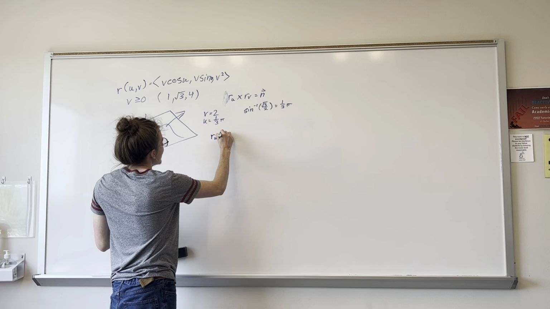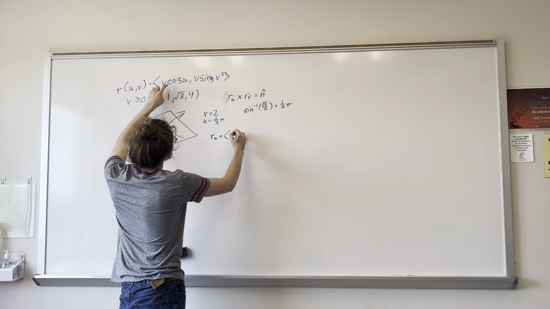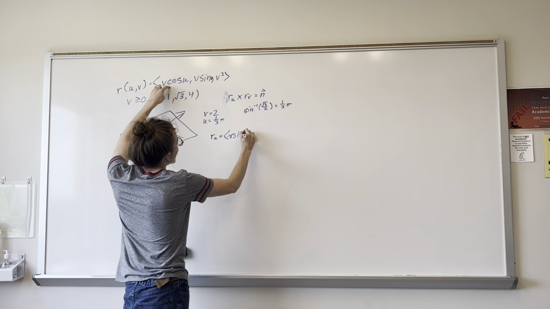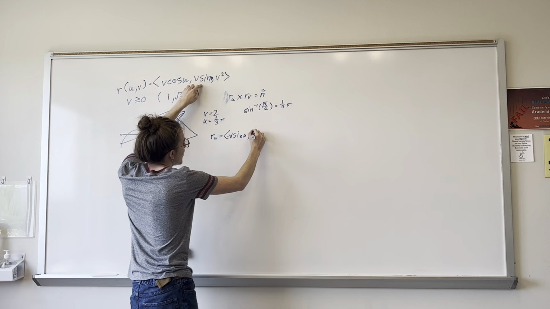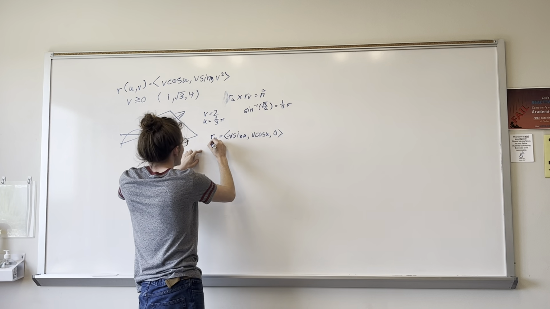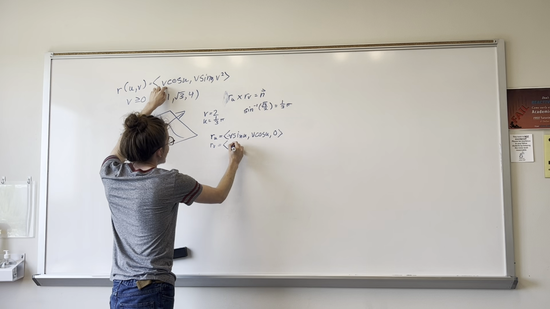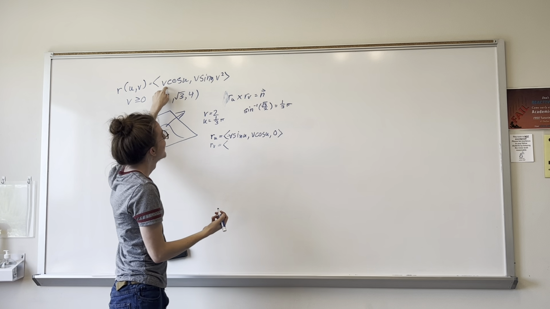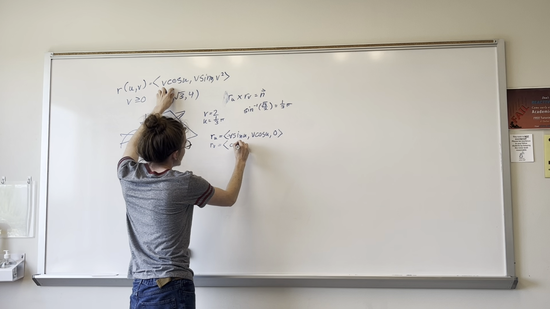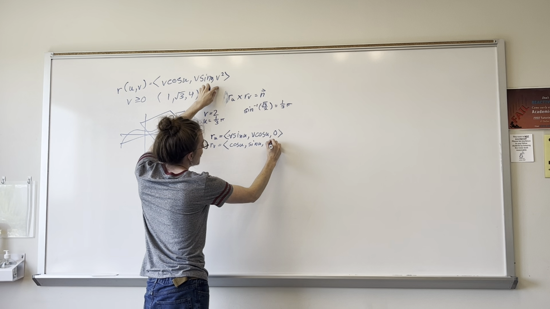So r of u equals, v stays, so just v, negative v sine u, that goes to cosine u, and there is no u, so that's a 0, and r of v is pretty simple. There's a 1, 1, and then 2v. So cosine u, sine u, and 2v.